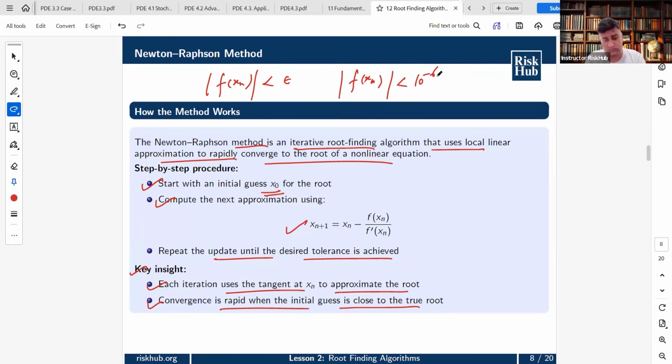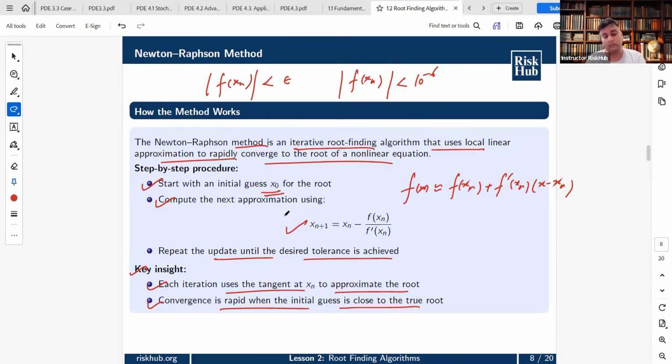The idea is Newton uses local linear approximation. That means it temporarily treats the curve like a straight line near the current point. It's very similar to using the first order expansion, which is f(x) approximately equals f(x_n) plus f'(x_n)(x minus x_n).